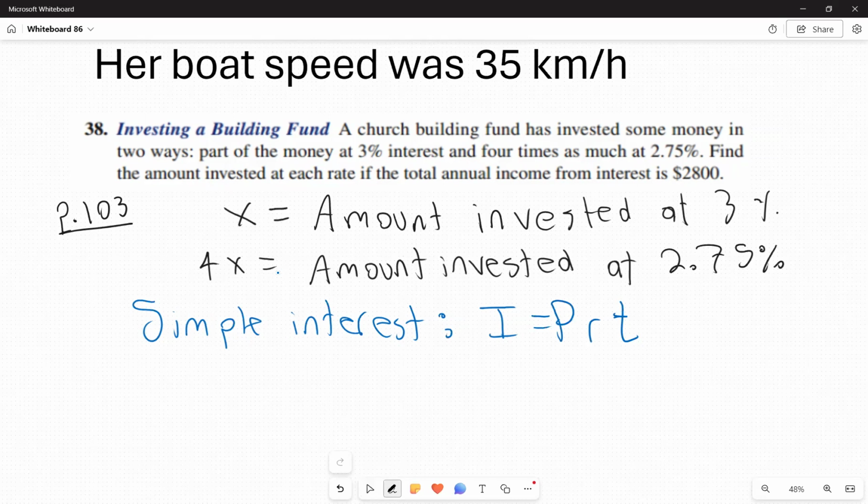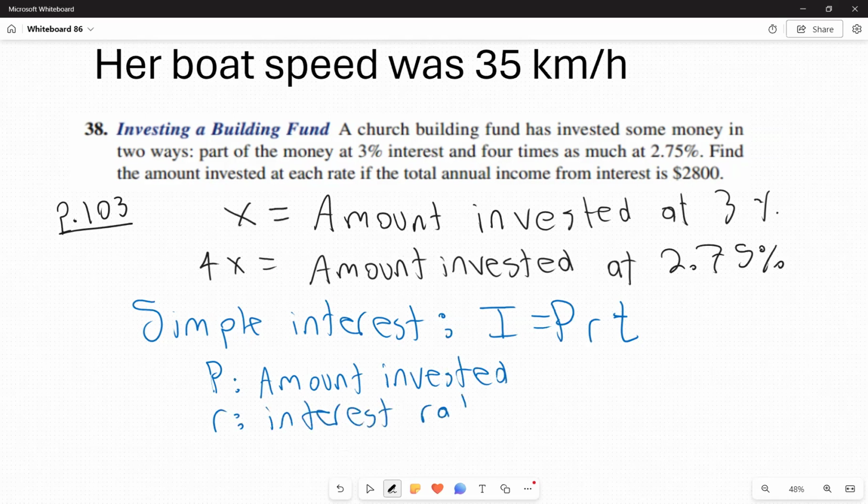Okay, let me write this down. You should have it in the previous video, but P is the amount invested, R is the interest rate, and T is the time in years.